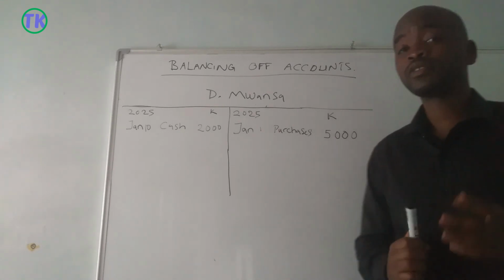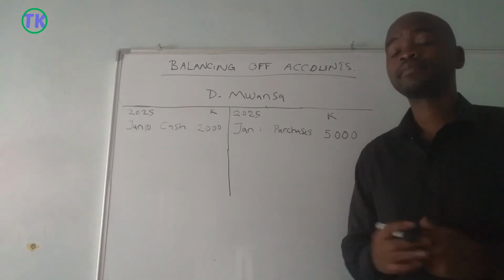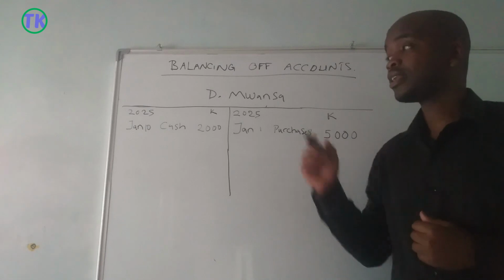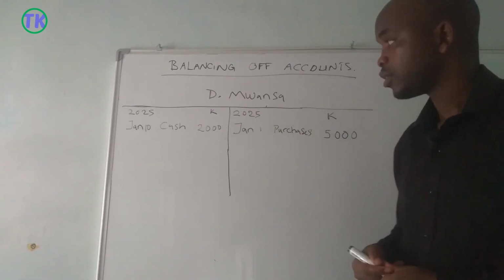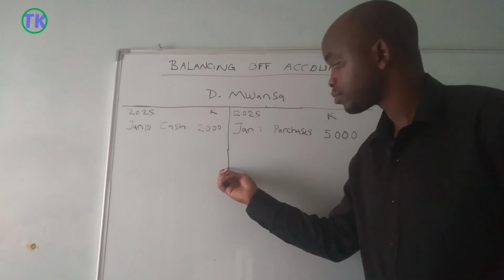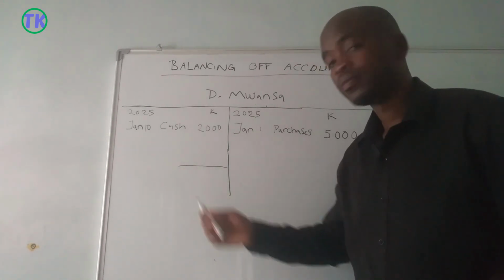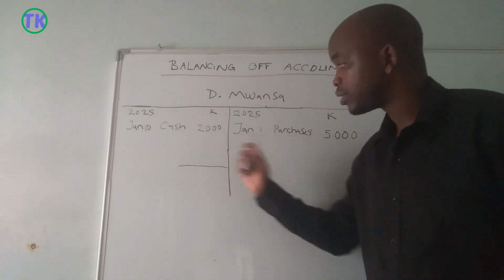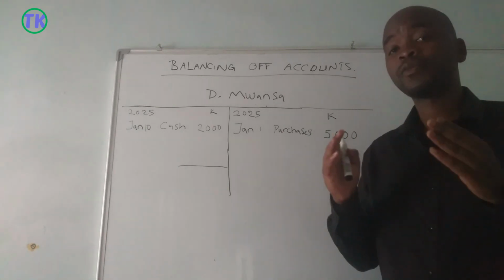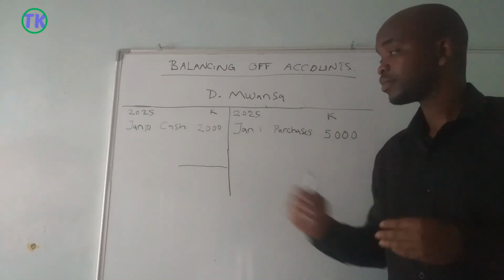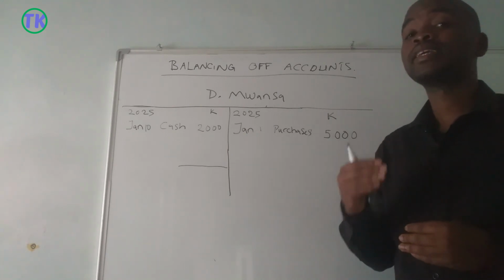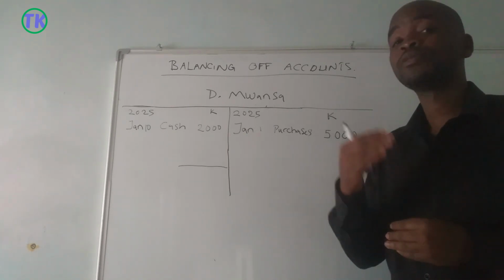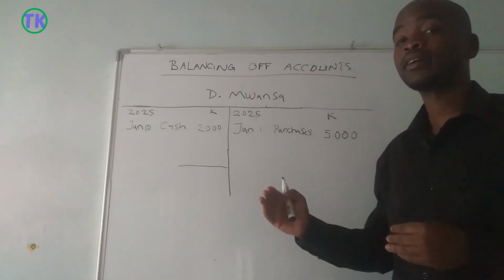Now, to close off this account, again we do the same. We add up the totals on both sides. On the debit side, we're going to get 2,000, but before writing down the total value, we also need to add the totals on the credit side.